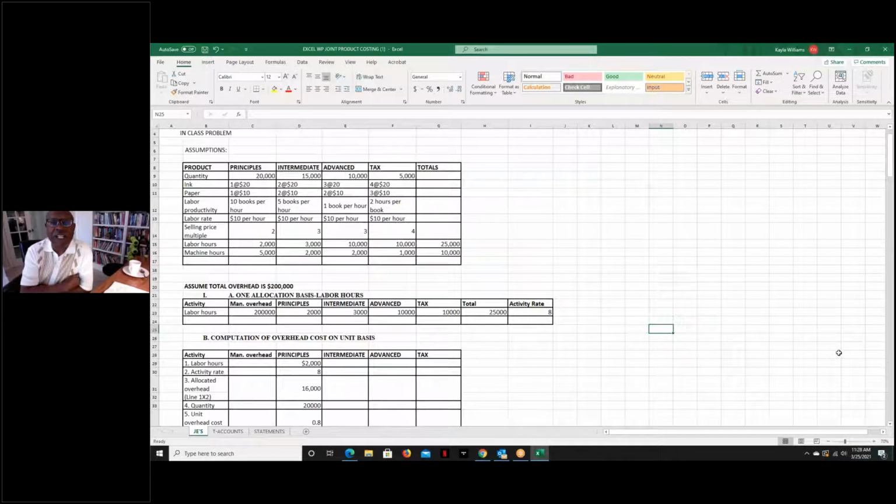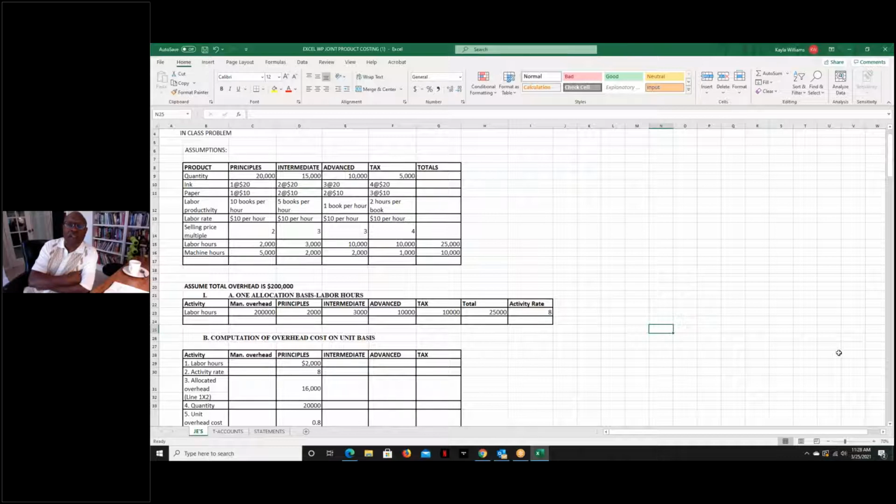So you multiplied 2 by 5,000. Correct? Okay, got it. So when we were doing the advanced book, it was 1 book per hour. So we multiplied 1 by 10,000. Oh, okay, because the per, you're supposed to multiply, and then the other ones you're supposed to divide.